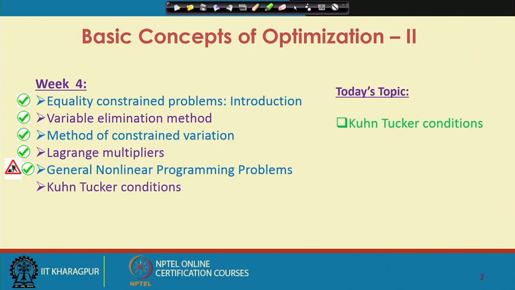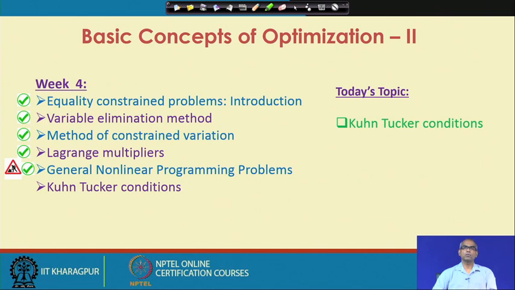So, in previous lectures, we have talked about equality constraint optimization problems. We have also talked about inequality constraint optimization problems. So, optimality criteria for equality constraint and inequality constraint optimization problems we have talked about under the framework of Lagrange multiplier techniques.